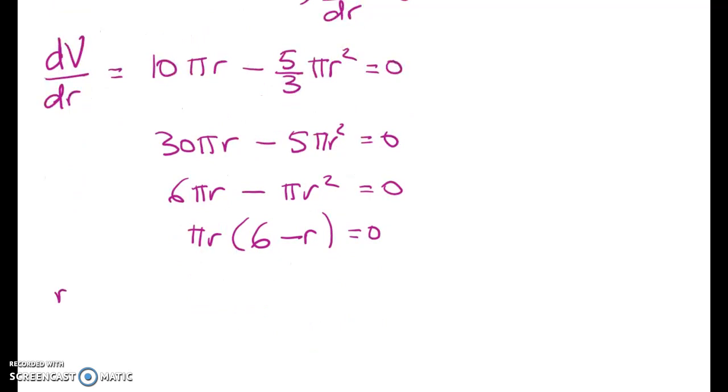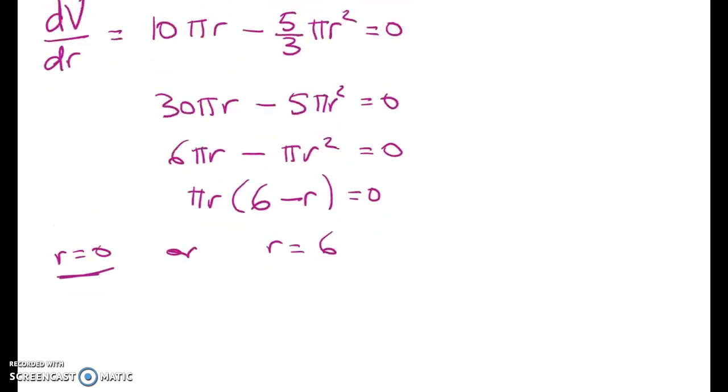All right, so I get two solutions. I get r equals 0 or r is equal to 6. Now, intuitively, r equals 0 is going to give me the minimum. But just to make sure everyone's good with doing a proper check for mins and maxes, I'm going to do it thoroughly. The second derivative test is the easiest thing to do here.